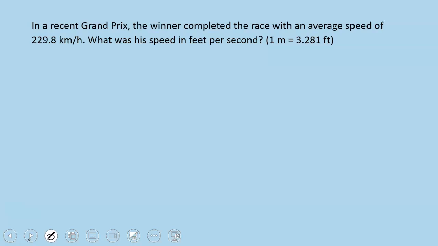So in the next example, the winner completed the race with an average speed of 229.8 kilometers per hour. What was his speed in feet per second? And they give us the conversion between meters and feet. Okay, so here, remember when we see that equality, that means that this must be a conversion factor.